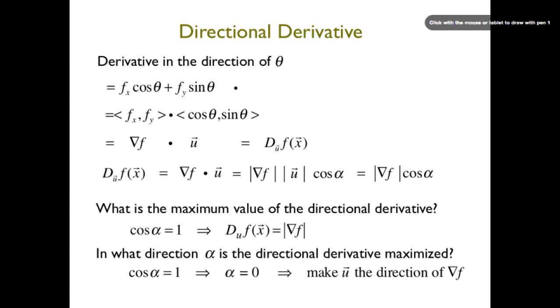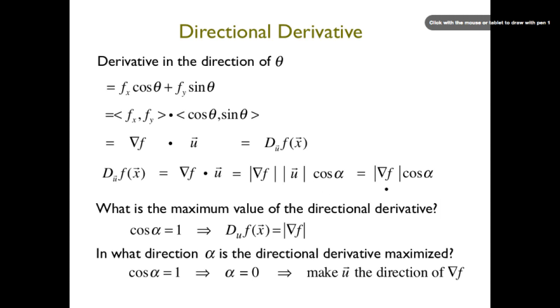Theta is the standard trig angle, swept counterclockwise from the x-axis. Alpha is the angle between our chosen direction and whatever direction the gradient points in. Well, the magnitude of the unit vector is just 1, so we end up with this.